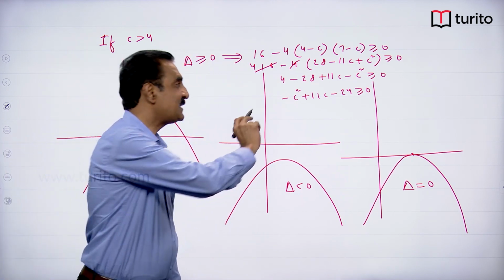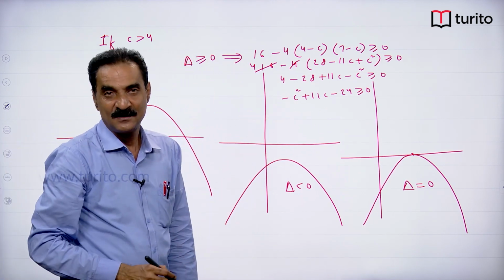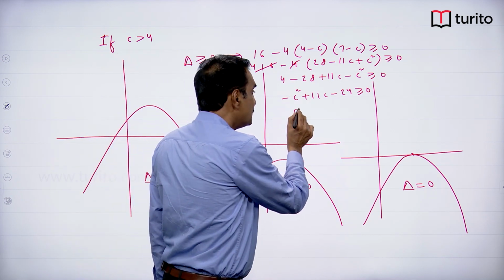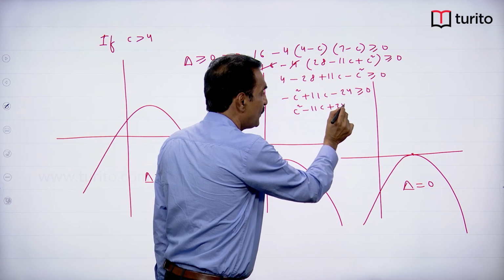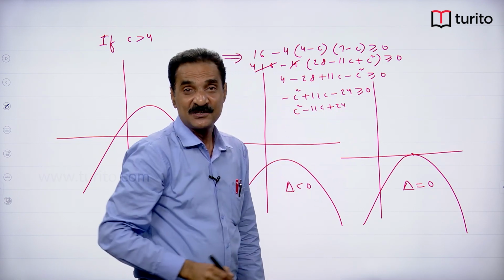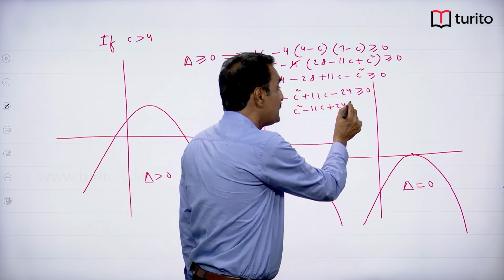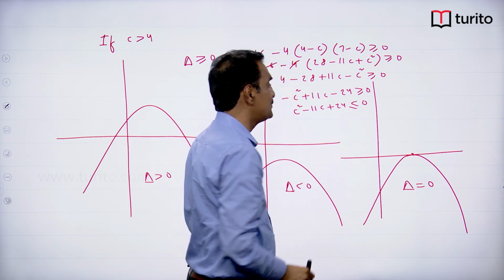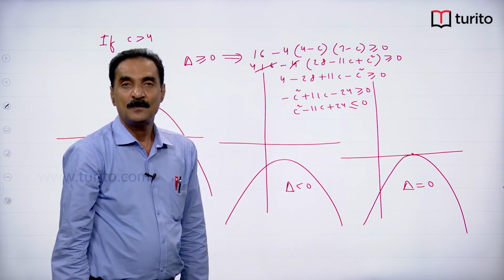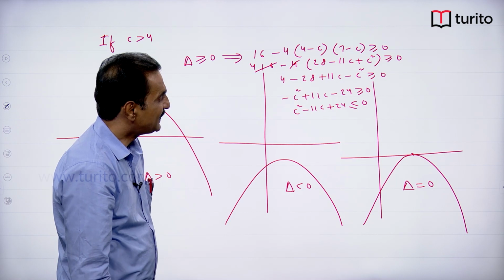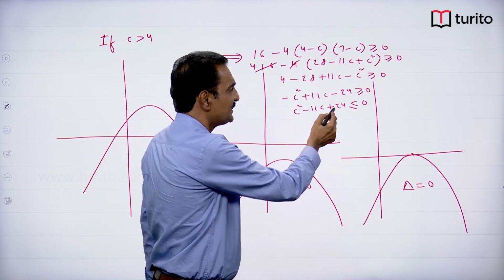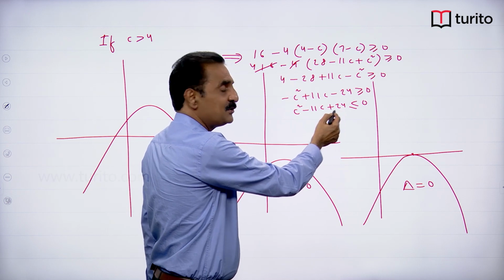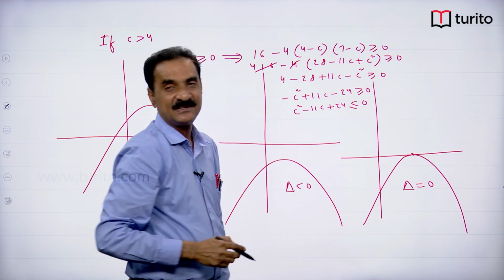If you want, you can multiply both sides by minus 1 and write it as c square minus 11c plus 24. Then if you multiply by minus 1, what happens? Greater than becomes less than or equal to 0. Now, is it possible to factorize? This is 8 into 3. 8 into 3 is 24. 8 plus 3 is 11.